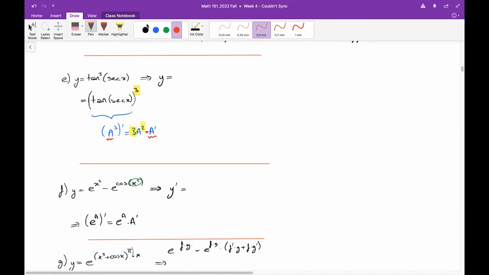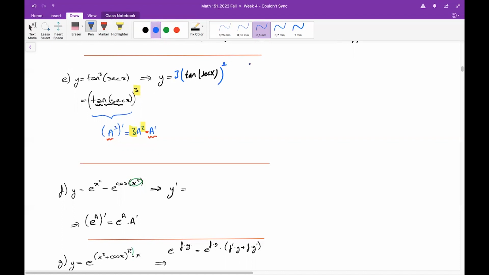Okay, let's start by taking the derivative of the cubed power. Maybe I should use colors. Don't touch the inside. So this is the insider function. We don't change anything about it. We write it as it is because we are dealing with the power function now.